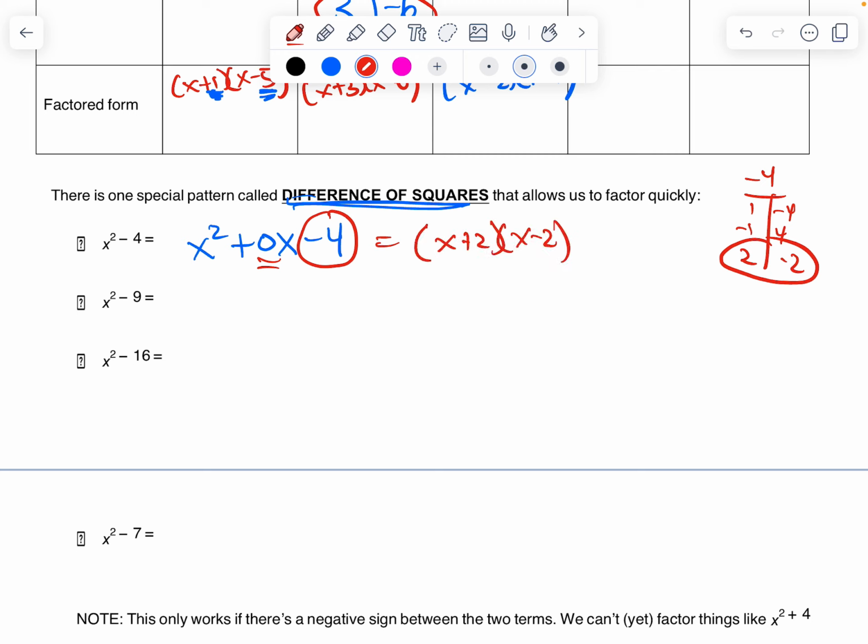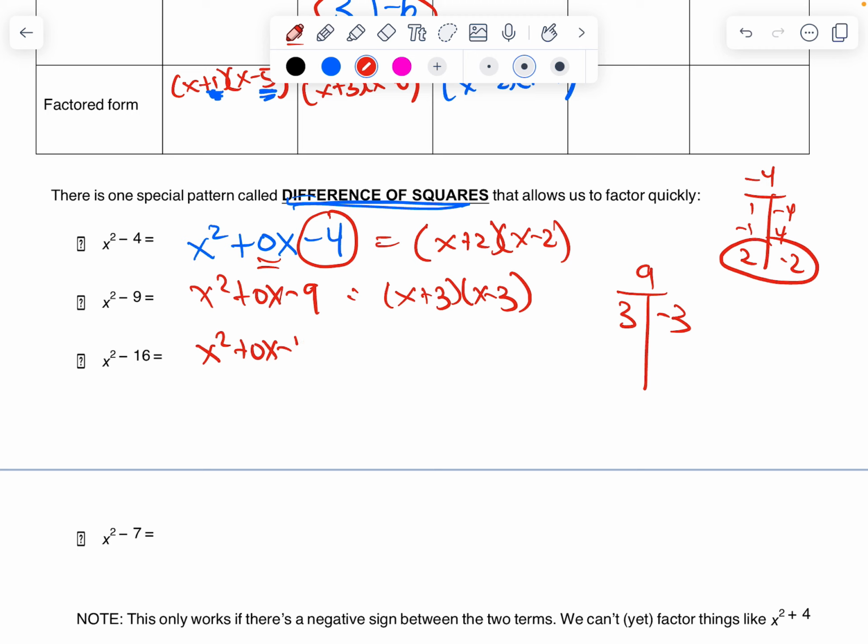X squared minus 9 is the same thing, x squared plus 0x minus 9. So two numbers that multiply to be negative 9 that add up to be 0 is going to be 3 and negative 3. So we're going to write this as x plus 3, x minus 3. And this one, x squared plus 0x minus 16. You're starting to see the pattern.